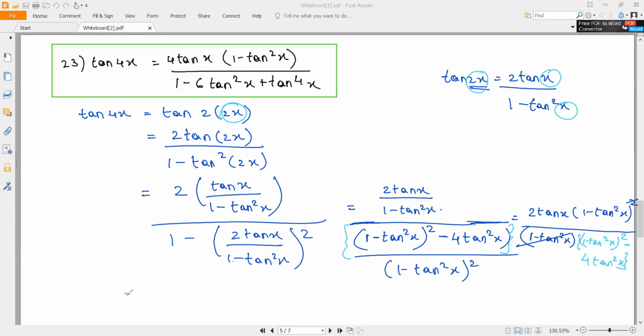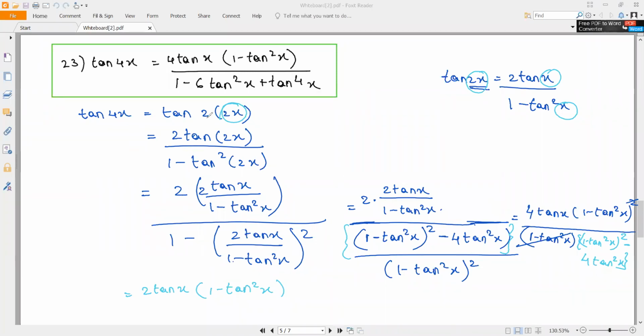So we're left with 2 tan x (1 minus tan square x) in the numerator, which is your, what did I miss? Yeah, 2 times 2, 4.